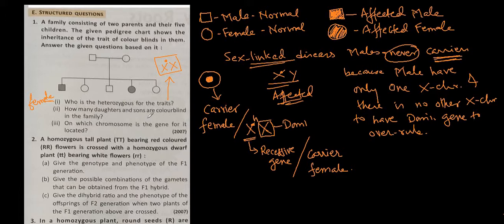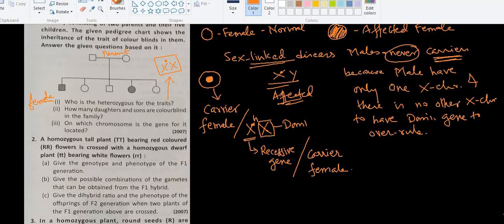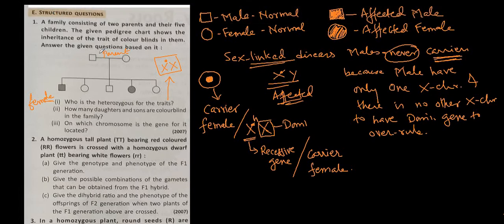How many daughters and sons are colorblind in the family? So now if you see here, this is the parent. Let me change the color here. I am using red. This one is the parent. This one is an affected male. This one is a girl, or you can say female or a daughter.